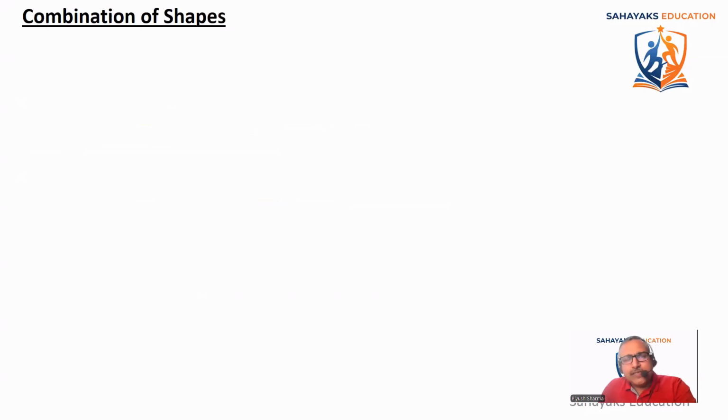Now coming to combination of shapes, in this chapter we will have to find the surface areas and volumes of combination of shapes. They will not ask you directly what is the total surface area of a cube. This is a very basic question, they will not ask this kind of question.